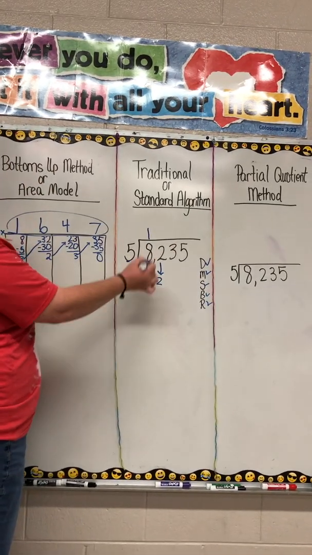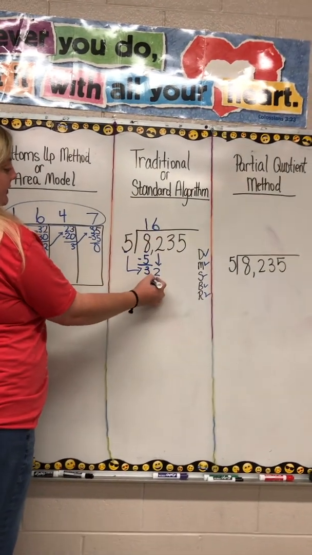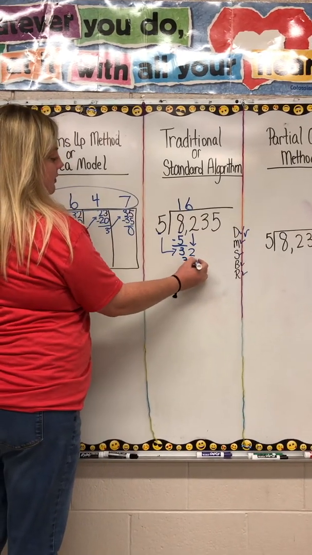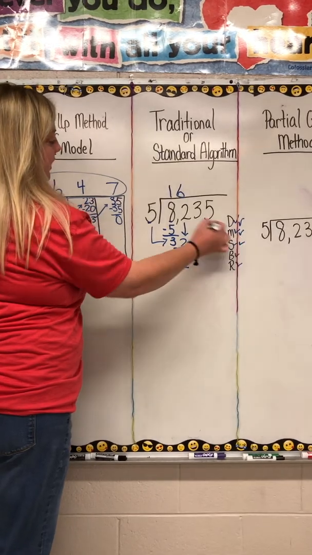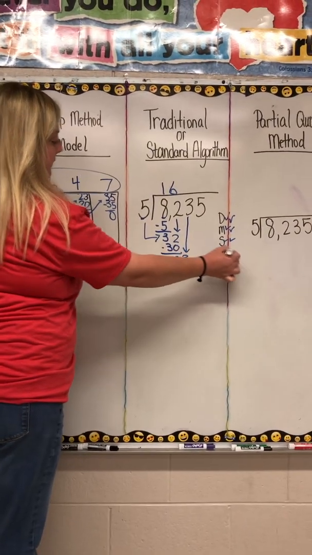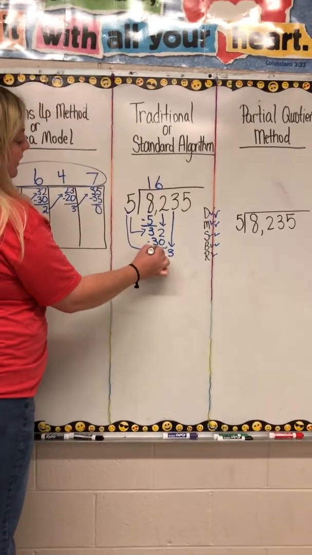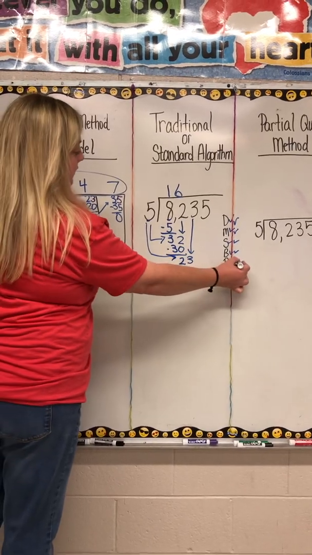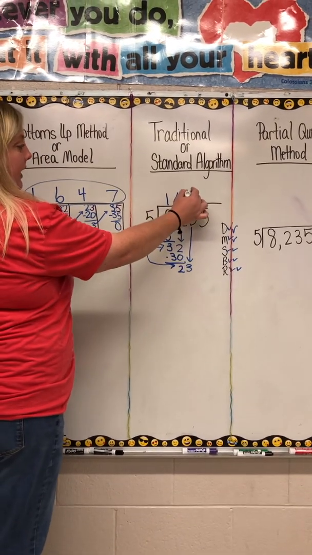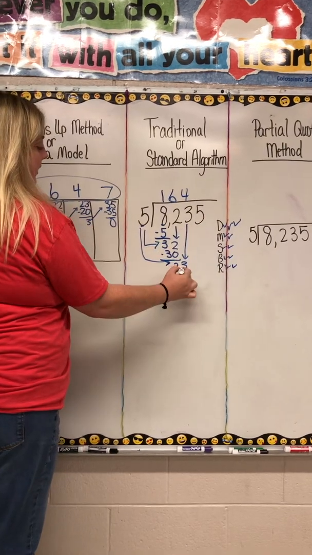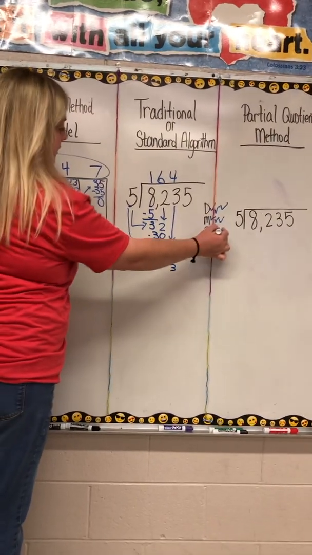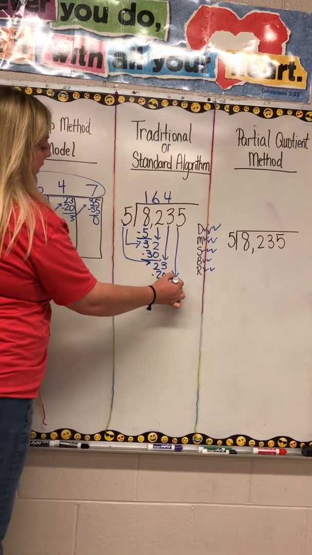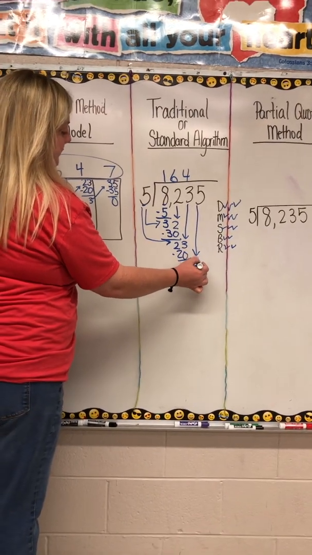5 will go into 32 6 times. 6 times 5, subtract and bring down. Now we can repeat again. 5 will go into 23 4 times. 4 times 5 is 20. Subtract and bring down 5.